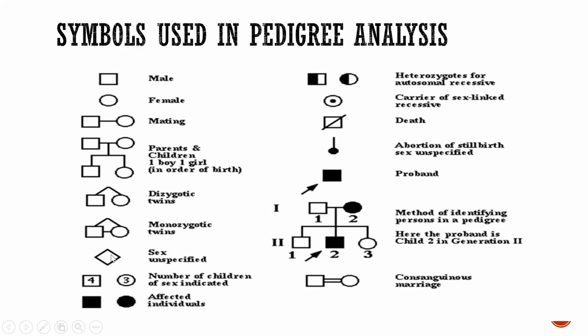This symbol next represents sex unspecified, means the sex of the individual or the offspring is not mentioned. If we write a number inside the square, a square indicates male, and if a number is mentioned inside, it indicates the number of children. This is with respect to male and female.